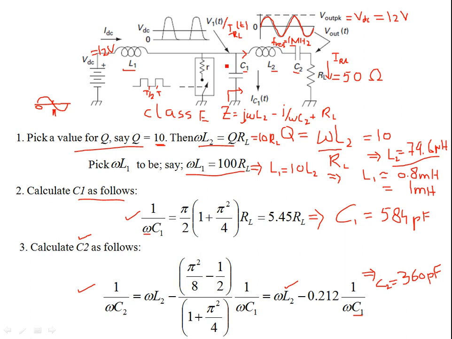We were enforcing the condition such that once the switch closes, your V1 is 0. In between you had a rounded pulse of about 2 VDC, and then again once the switch closes for another half cycle, V1T goes to 0. Based on these constraints, we have this equation for C1 and C2.